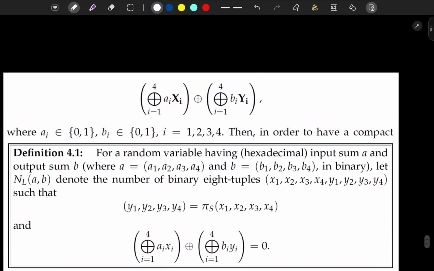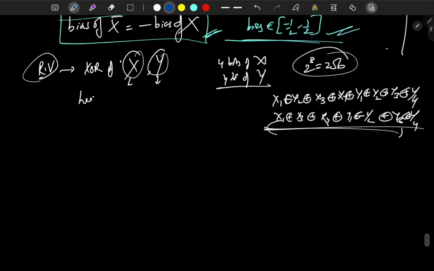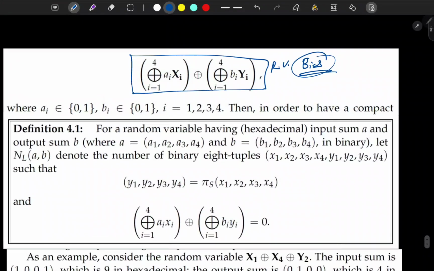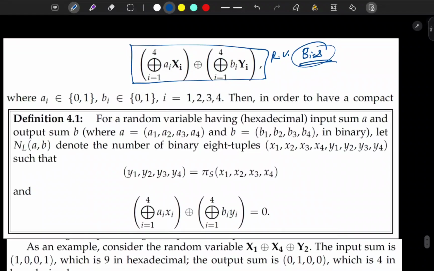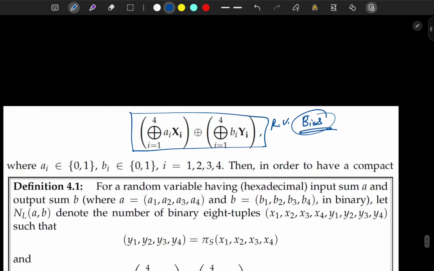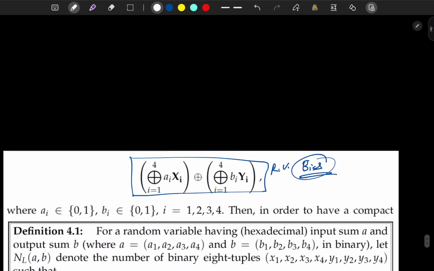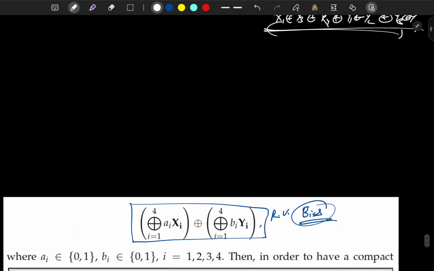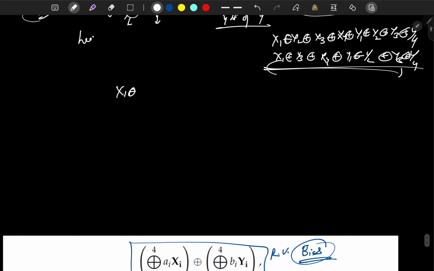Every time, let's say we have to find the bias for such a random variable, we have to write it very big, right? So for our simplicity, they have introduced a notation, and the notation is very simple.